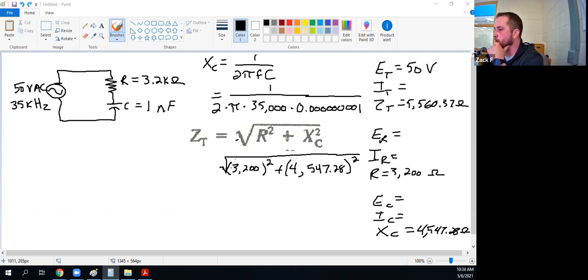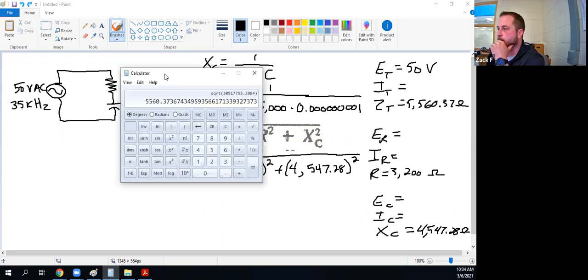So I put a square root here, and then 3,200 squared, that's r squared, plus x sub c squared. What is x sub c? For 4,547.28 ohms. Squared. Okay. Good.